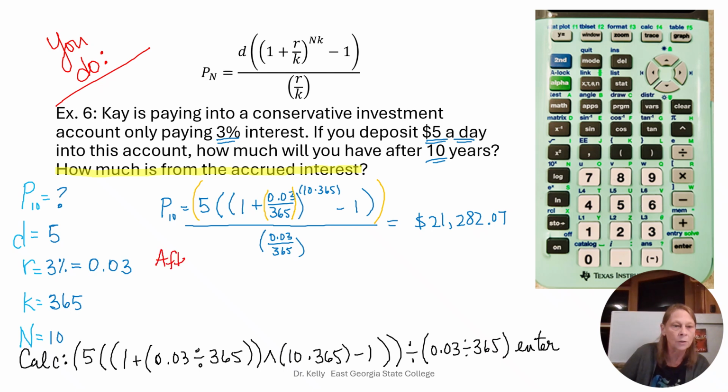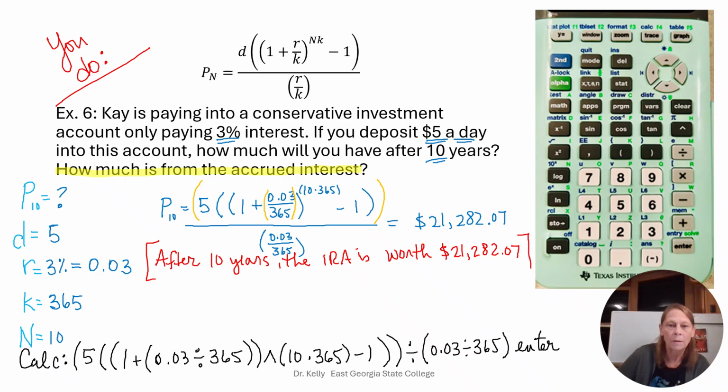After 10 years, the IRA is worth $21,282.07. But the second part of the question asks how much is from the accrued interest.